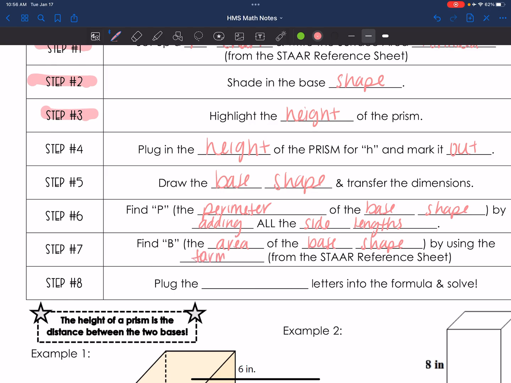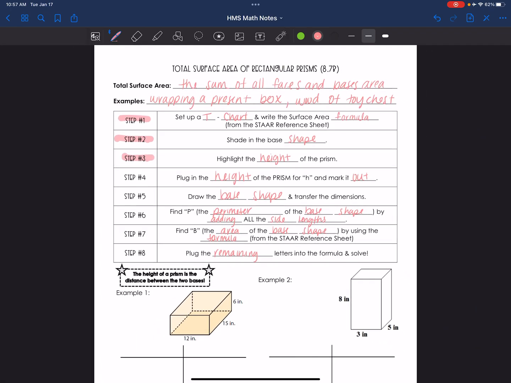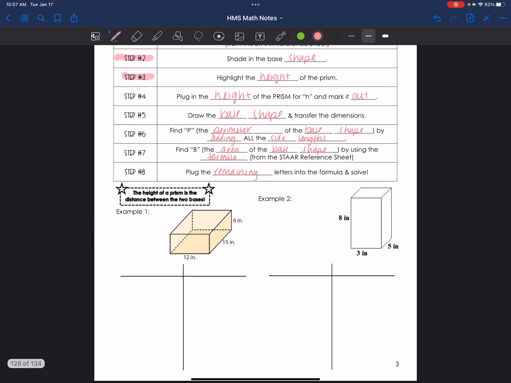Lastly, plug in the remaining letters and solve. Cool. All right, let's practice it. We're going to use the same shapes that we used yesterday or previously, just to make it easy.